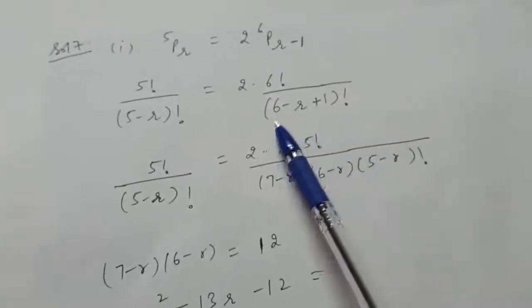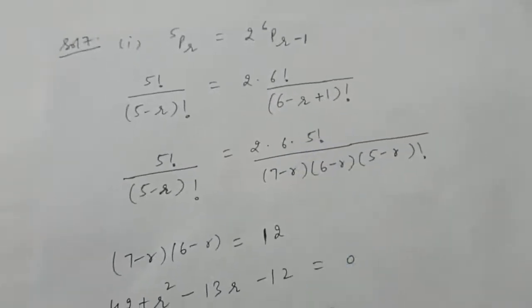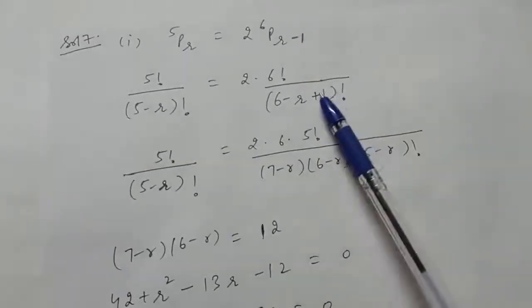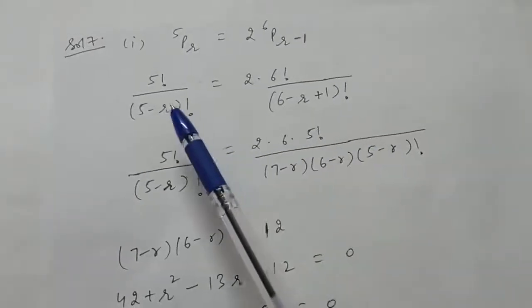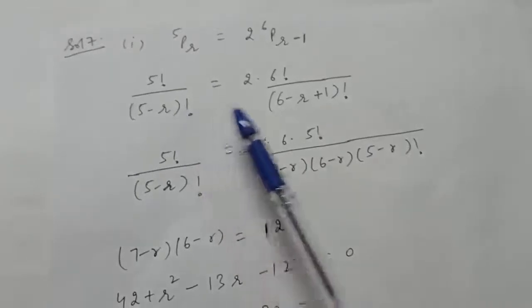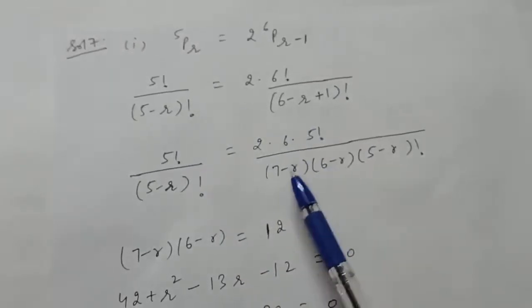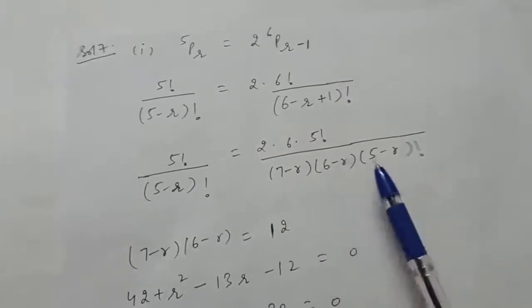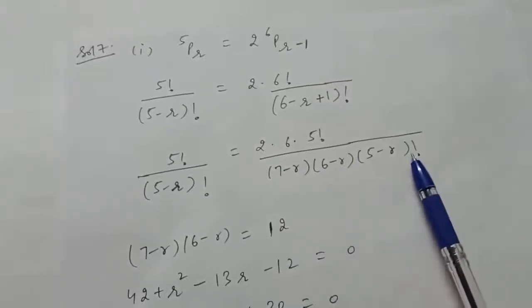Also this you can see is (7 minus r) factorial. So here we have (7 minus r) factorial and here it is (5 minus r) factorial. Therefore write down this (7 minus r) factorial as (7 minus r) into (6 minus r) into (5 minus r) whole factorial.